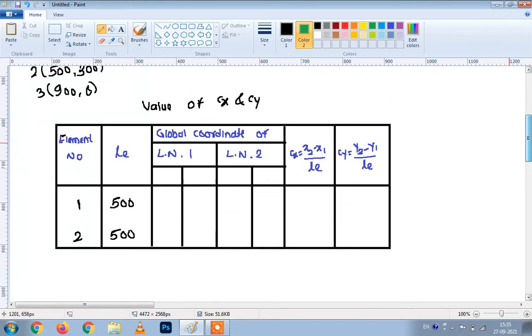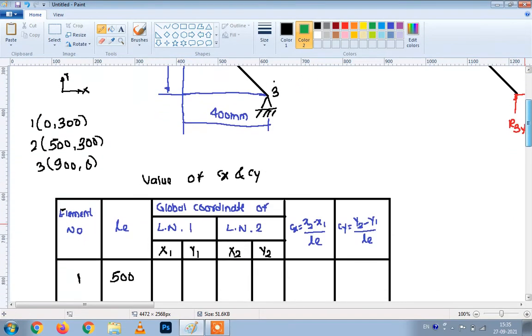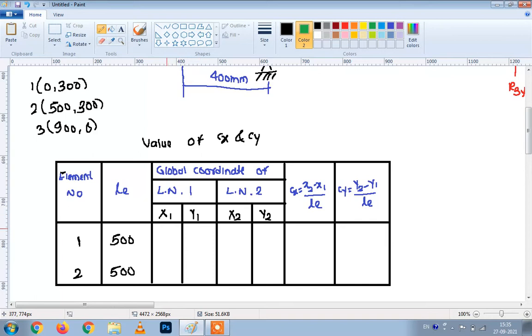So we are writing here the values x1, y1, x2, y2. Considering the value of x1 that we have written, I will show you again. Local node 1 is 0, 300, and local node 2 has the global coordinate 500 and 300.